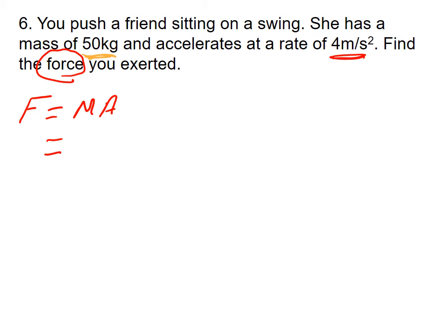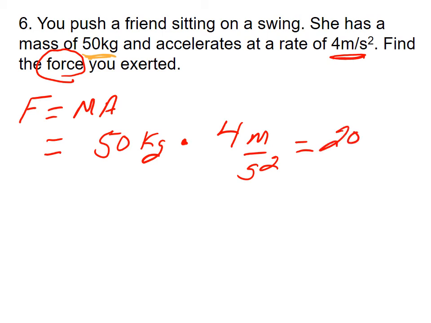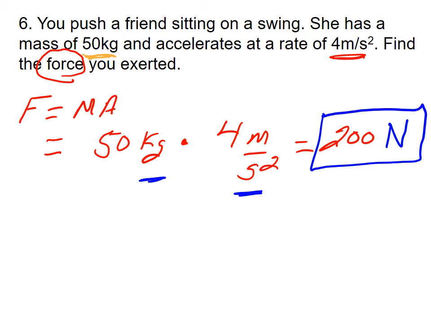The mass again was 50 kilograms times the acceleration of 4 meters per second squared. 4 times 50 would be 200, and we know that a kilogram and a meter per second squared comes out to be a newton. So this one I can turn back into newtons.